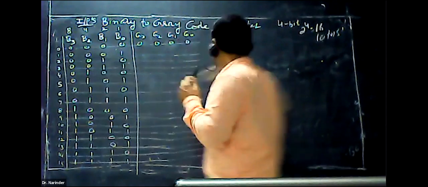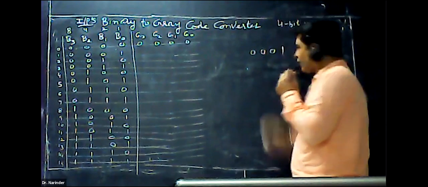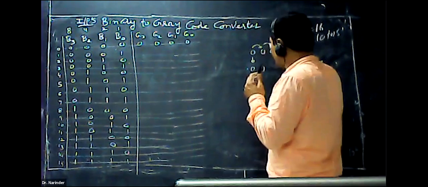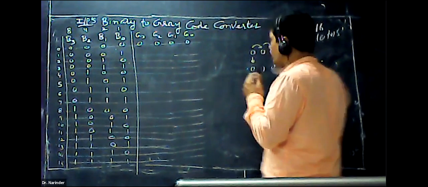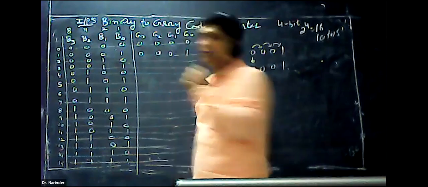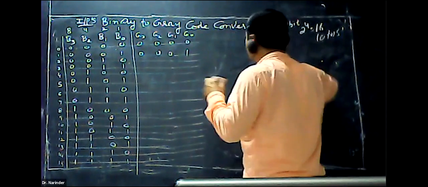1. If you draw the gray code of 1, that will also remain the same: 0, 0 plus 0 is 0, 0 plus 0 is 0, 0 plus 1 is 1. That is again the same. Now we have to go for the gray code of 2.